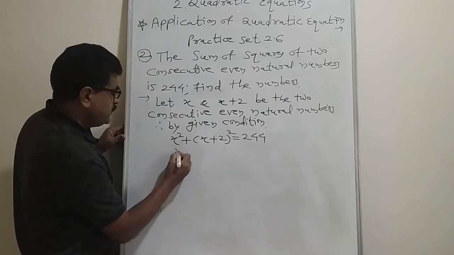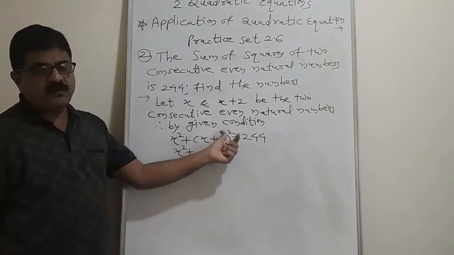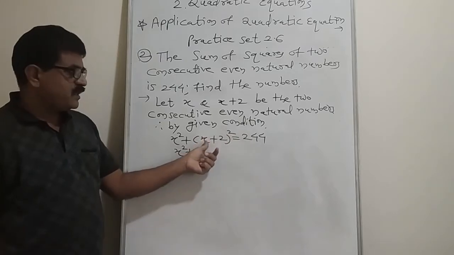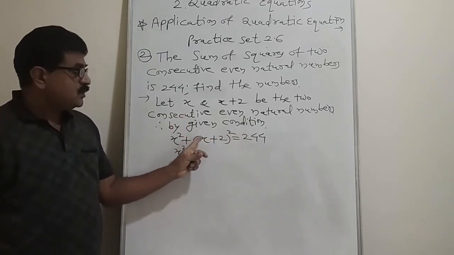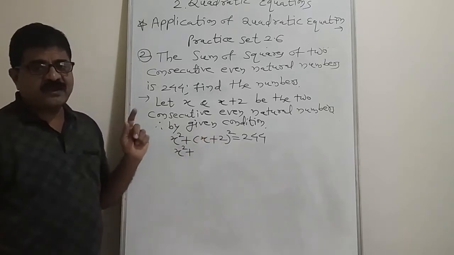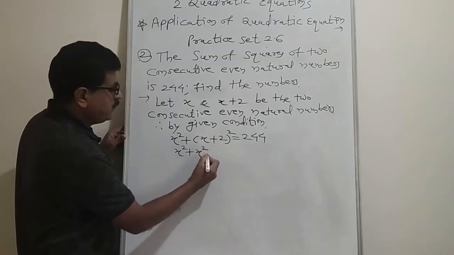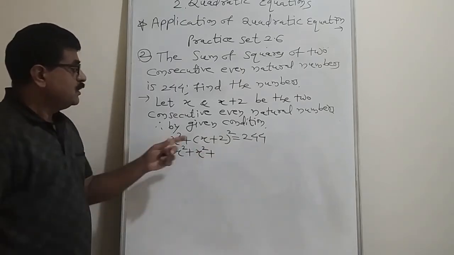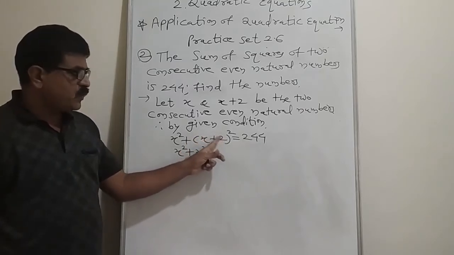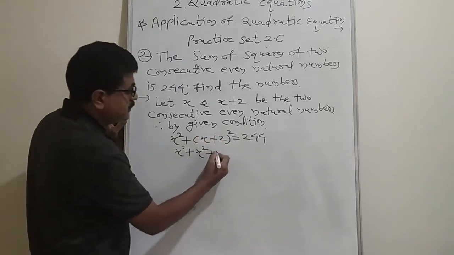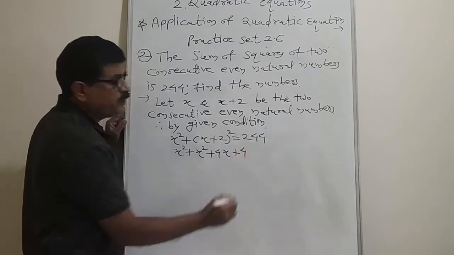Now solve this by using the formula a plus b whole square, which is a square plus twice ab plus b square. Here the value of a is x, therefore x square plus twice the product of these two, 2 into 2, 4 into x, that is 4x, plus 2 square is 4.